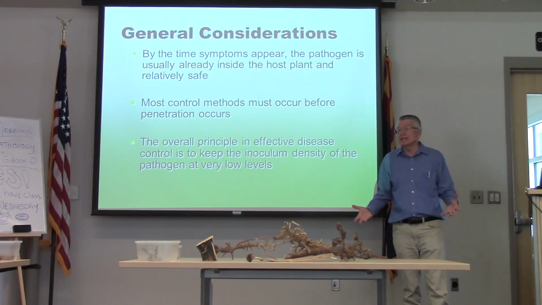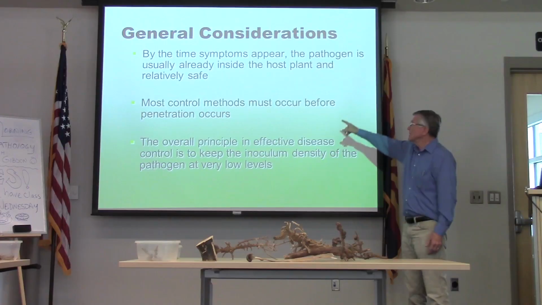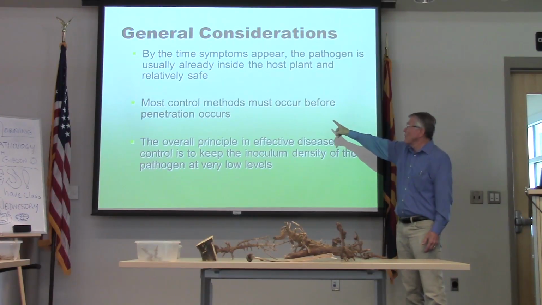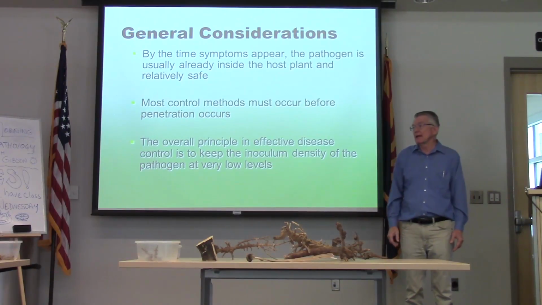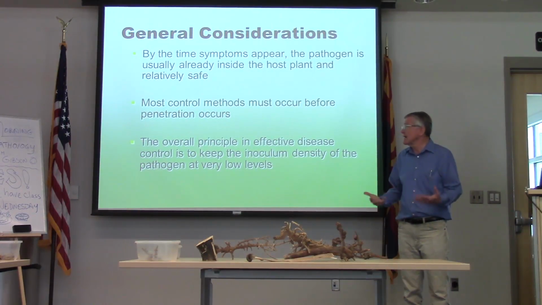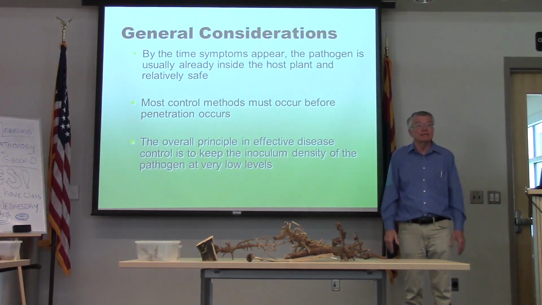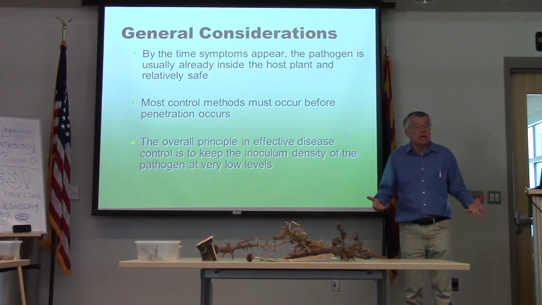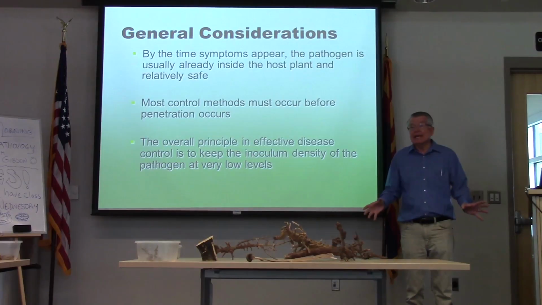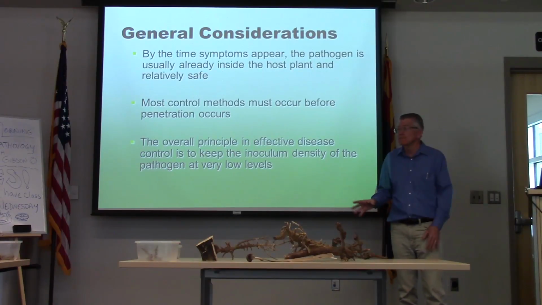Once it's inside, the pathogen is pretty much on its own, sink or swim. Number two, most control methods must occur before it actually gets inside the plant. Control methods have to be applied before it gets into the plant. I can't wait until I see the symptom or the sign before I begin to apply protection of some kind. Got to do it early.